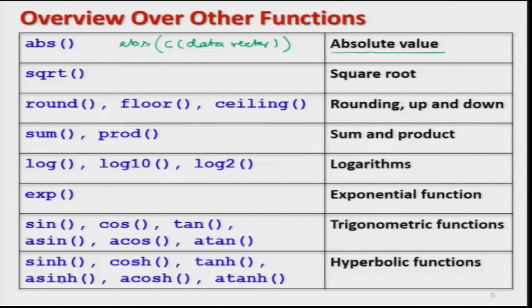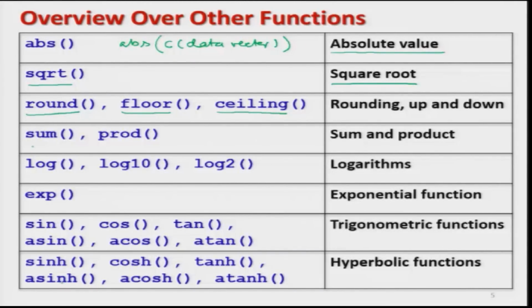Similarly, in case you want to find out the square root of any value or any data vector, the function is sqrt. And similarly, for rounding a value, the function is round. If you want floor, the function is floor. If you want ceiling, then the function is ceiling.